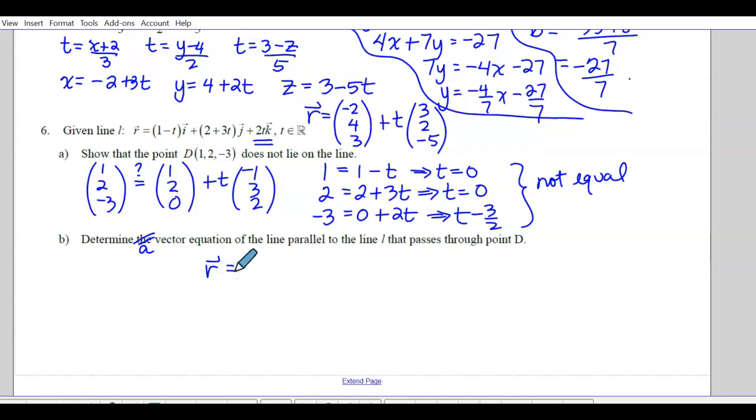And it goes through D, so now my position vector is (1, 2, -3). Maybe I'll call it S instead of T since it's in the same question. And then parallel, just use the same direction vector. Okay, and S is an element of the set of reals. Alrighty.